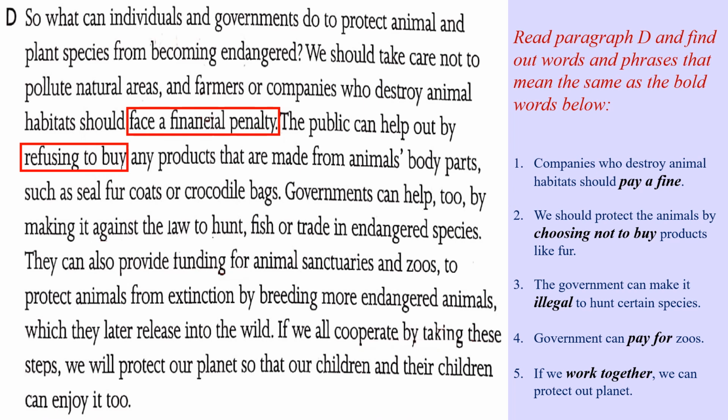Number 3, the government can make it illegal to hunt certain species. What is not legal is illegal, of course. So what other word can you find in the paragraph which is the same as illegal? A word or phrase.